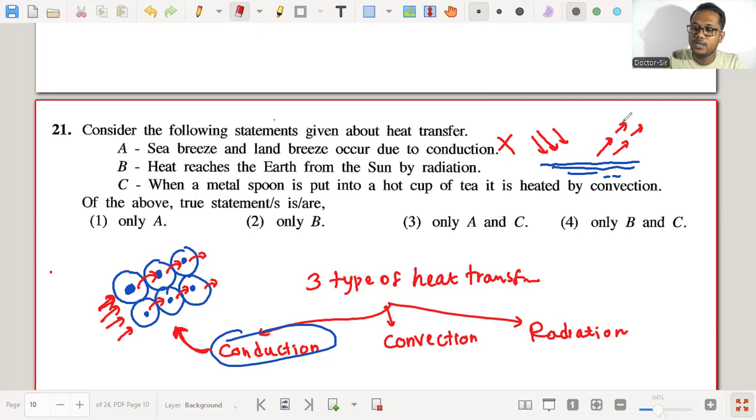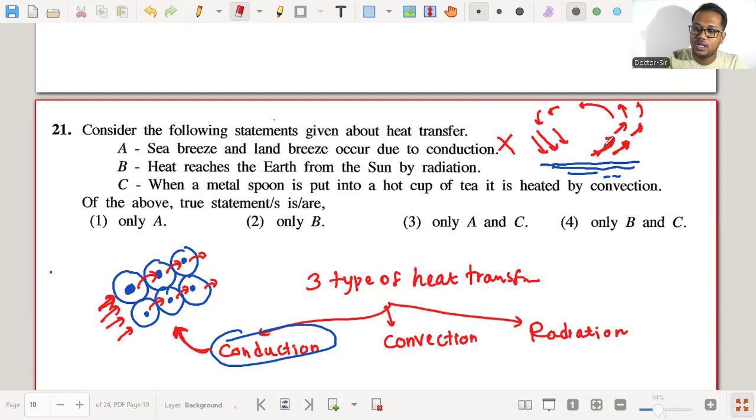So the air is always going up and down, and that is how sea breeze and land breeze occur. This property we call convection.